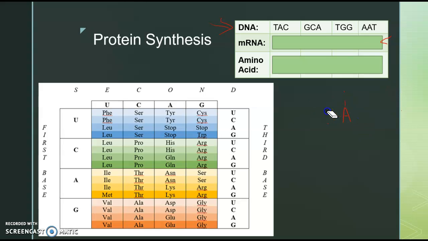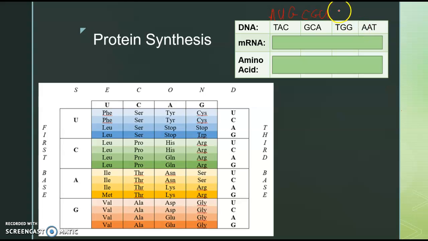All right, are you done? Cool. So I just cleared this off so that we had a clear working space to look at. TAC. The complement of TAC for your mRNA is going to be AUG. GCA, this is going to be CGU.